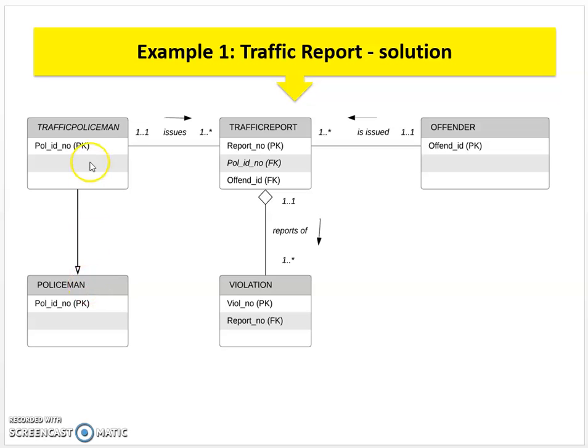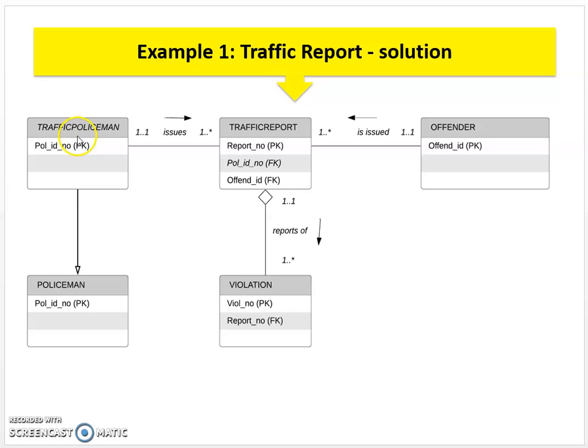This is a superclass, this is a subclass. And if we go back to generalization, we use this symbol, and the child or subclass will inherit the attributes of the superclass. This is why the traffic policeman has a primary key, which is the police ID number, which is the same as the policeman.